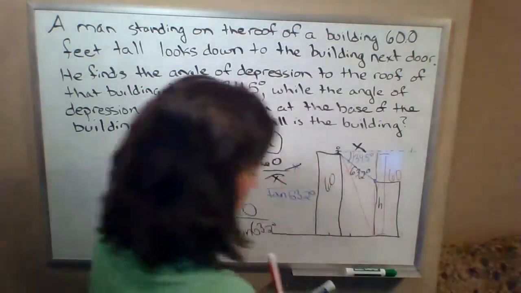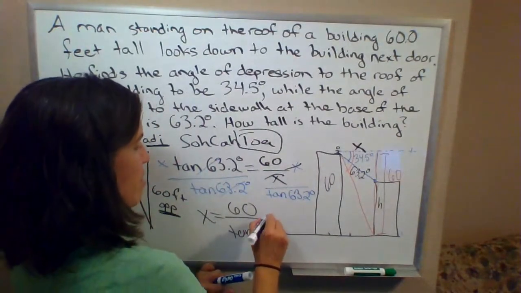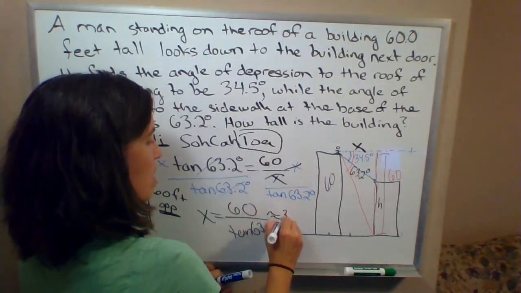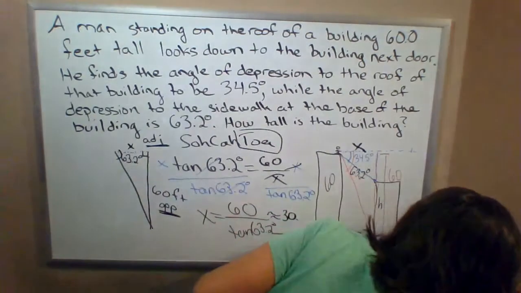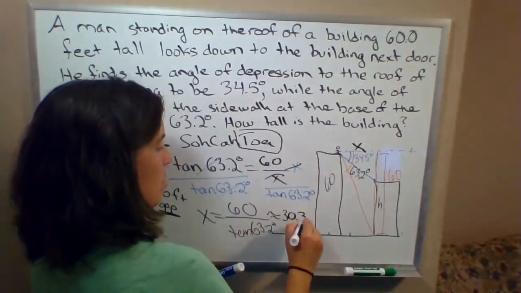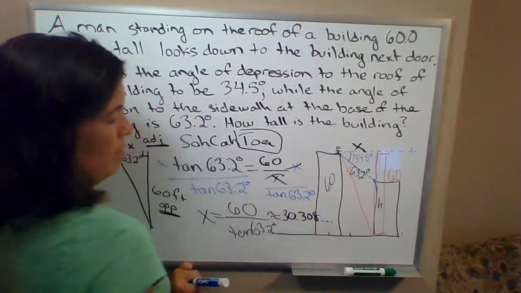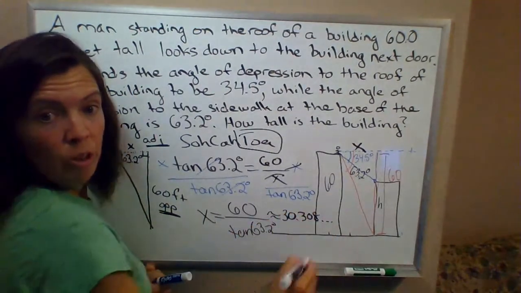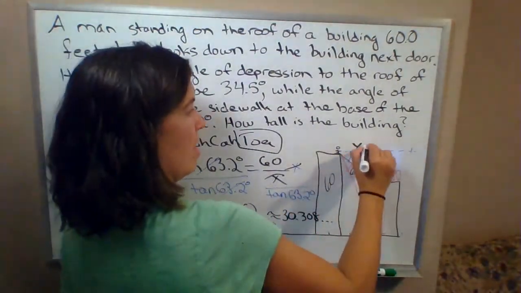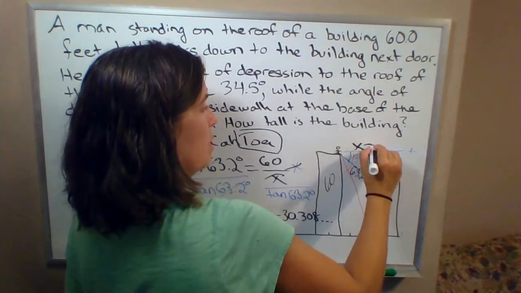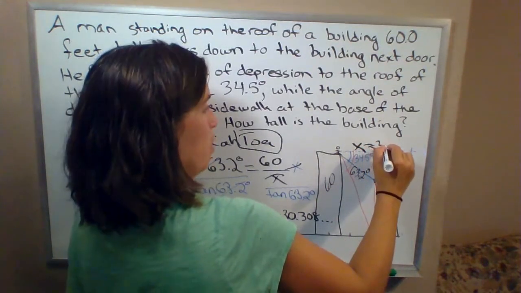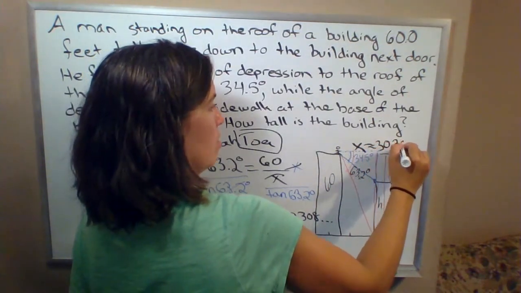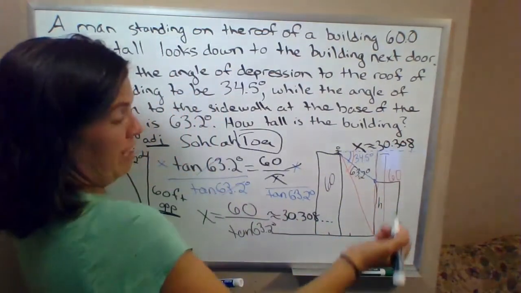I'm going to grab a couple of other extra decimal places. So x is approximately 30.308, and it goes on from there. So we know now that this distance, x, right here, is approximately 30.308 feet.